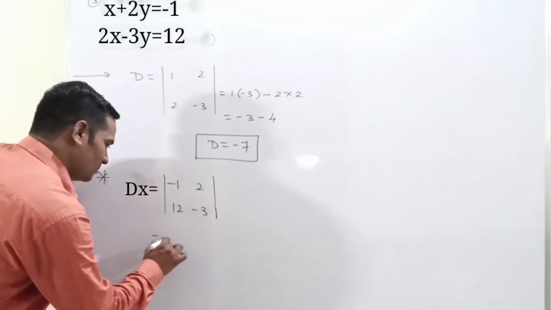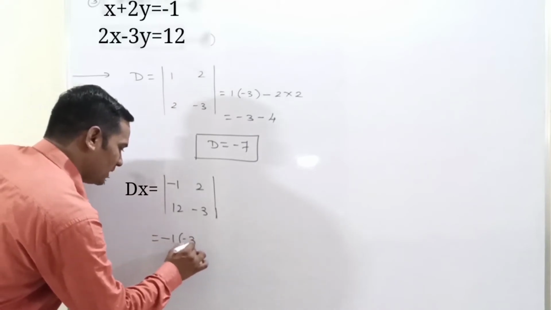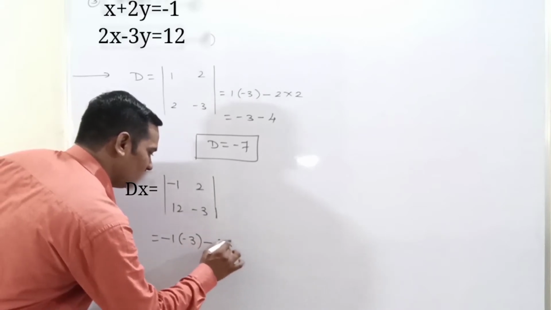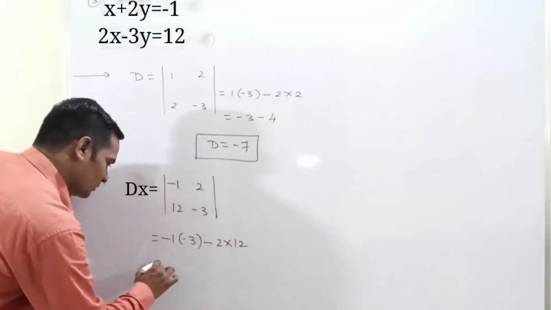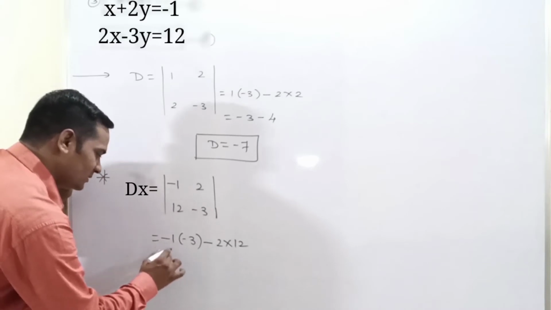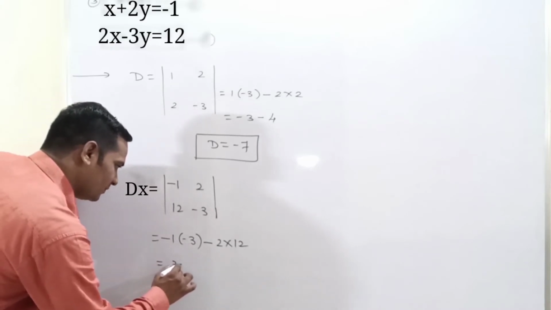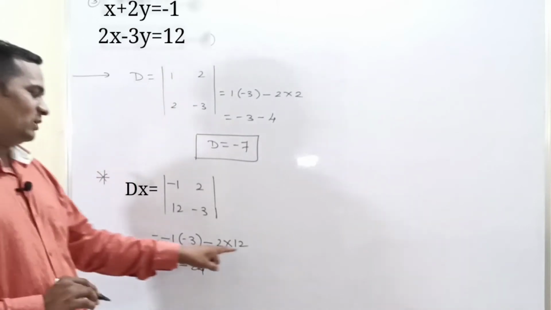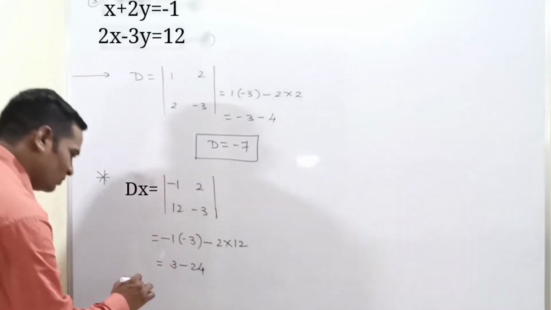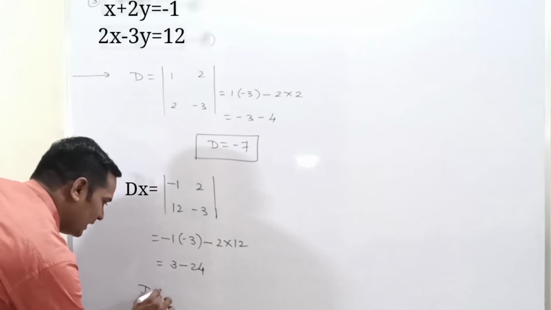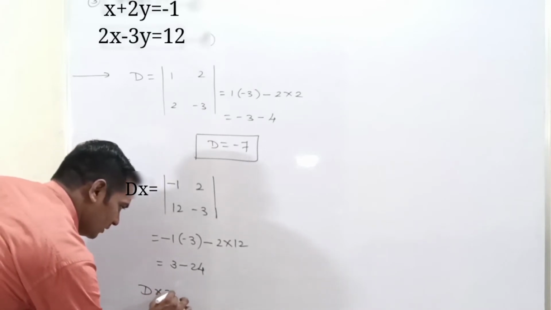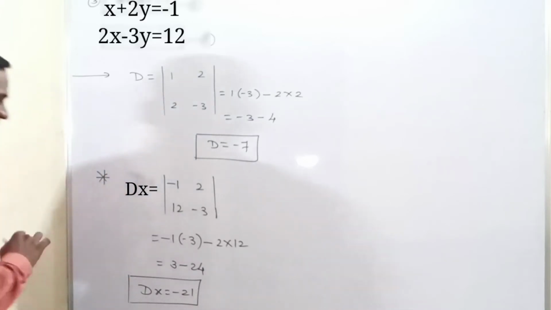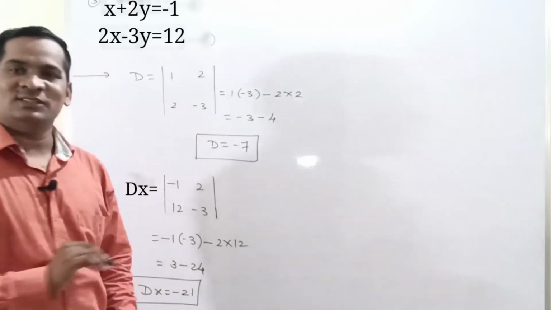Now here it is minus 1 into minus 3, minus 2 into 12. So this minus minus will become plus, 3 ones are 3, minus 24, 12 twos are 24. So that answer will be Dx is equal to minus 21.